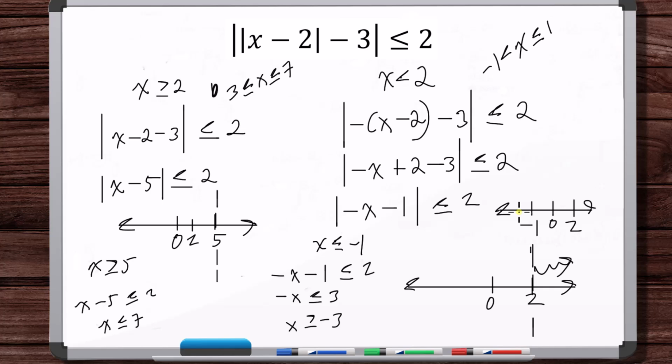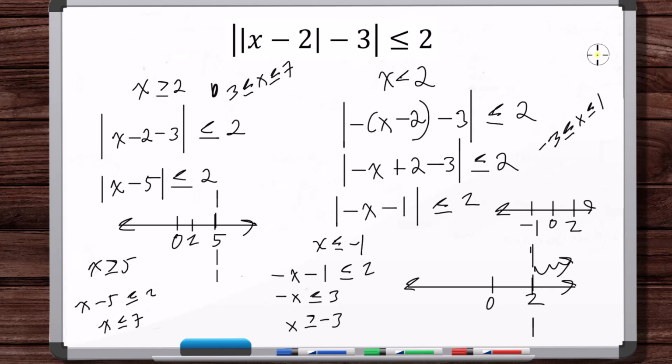So we can see that will come all the way back, we'll do this. Now combining these in an OR, we get -3, and then, yeah, so there's the solutions when x is less than 2.